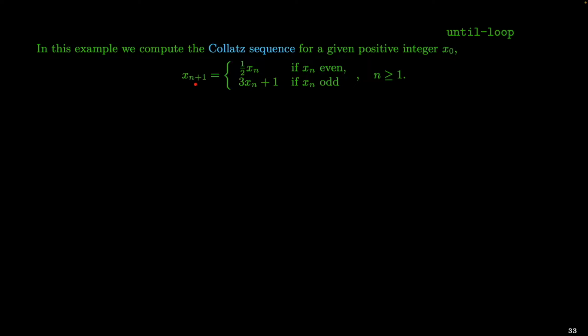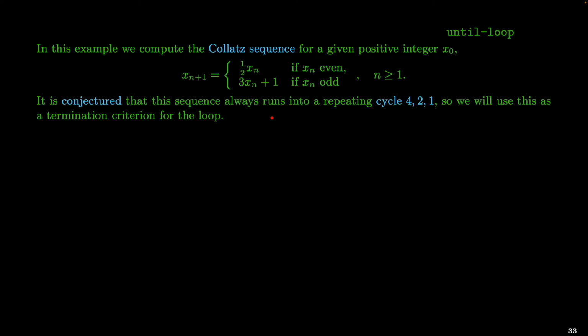The n plus first item in the sequence is either 1/2 times the nth entry in the sequence, if that one is even, or it is 3 times the nth entry in the sequence plus 1 if the nth entry is odd. It is in fact an open problem to decide whether for any possible starting value x0, this sequence will eventually run into a repeating cycle 4, 2, 1.